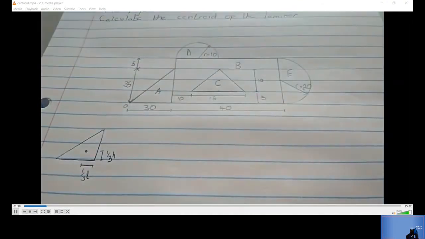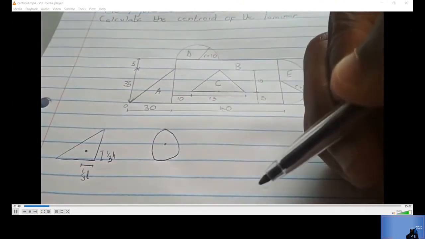My bad, it's one third of h, not half. And then from this side, it's also a third, 1/3 length. It's called the length, that whole section there.